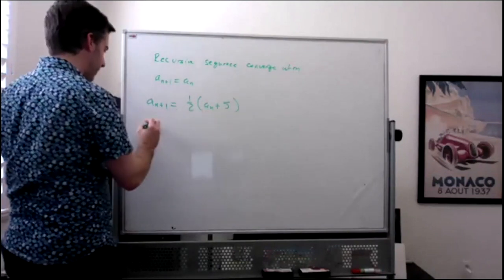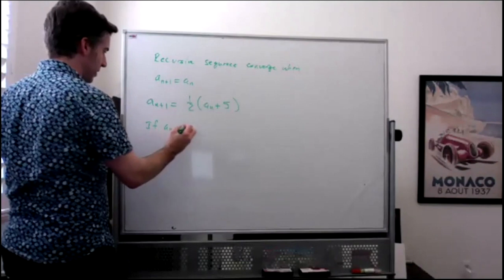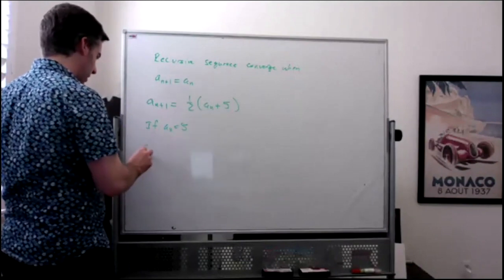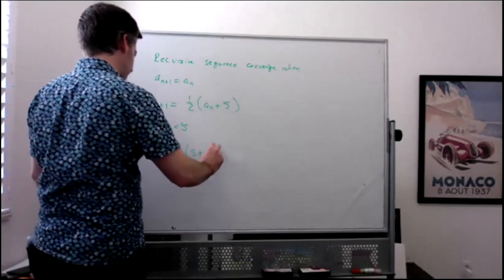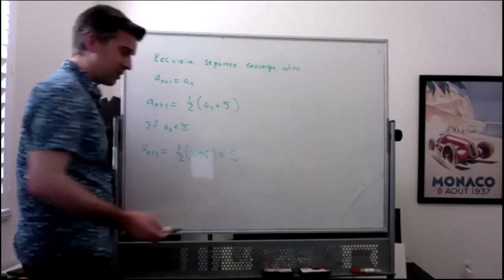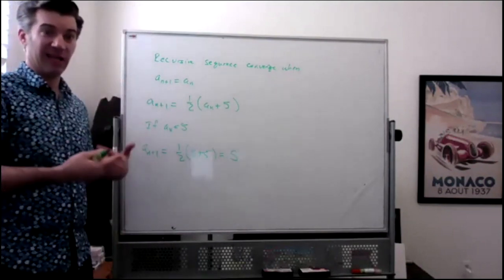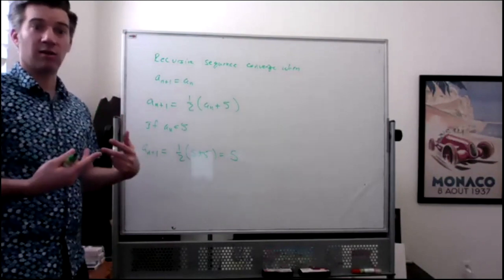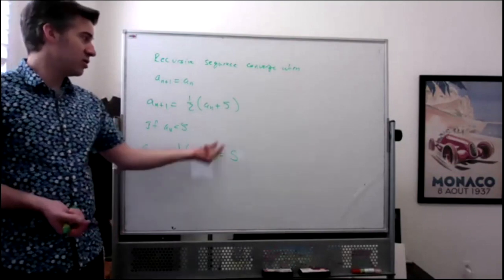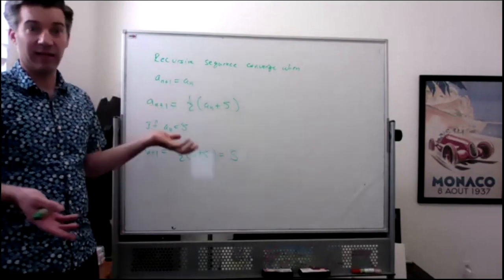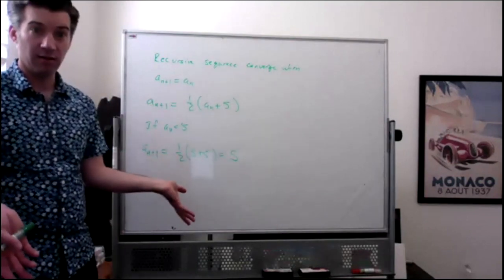If a sub n is 5, then a sub n plus 1 is 1/2 of 5 plus 5, which is 5. Then I would plug that back in, and we get it back again. Once you get to this thing, which is called a fixed point, that basically means when you plug it in, you get the same thing back. And that's definitely a candidate for a limit.